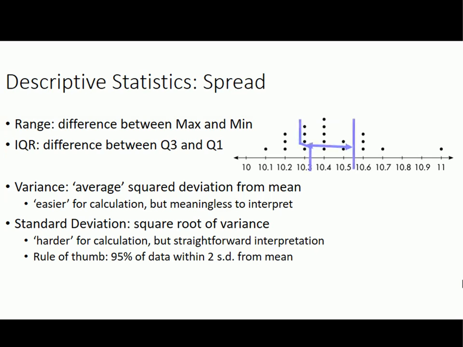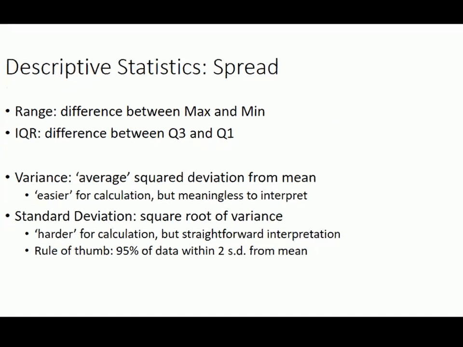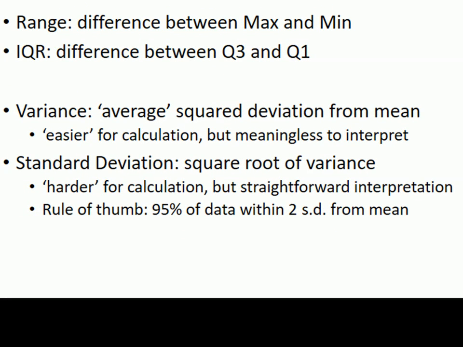The interquartile range I mentioned before is the range between quartile 1 and quartile 3, so you take the difference of those two numbers. Those both give you a sense of the spread, but they only incorporate a couple of the numbers from the data set. What we're mostly going to be using is variance and standard deviation.